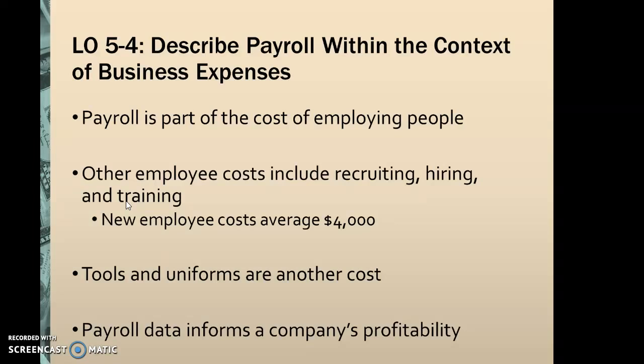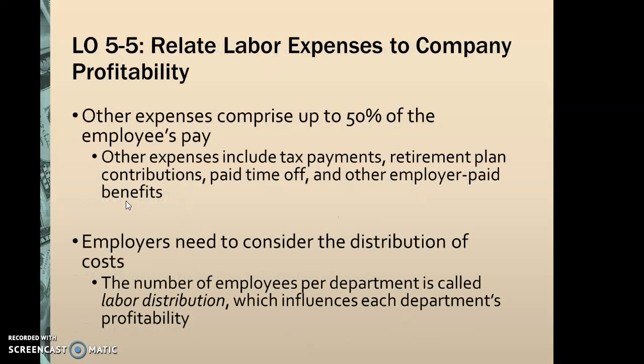As you know, some employees have to have some training, and the average new employee cost is $4,000. Some other costs, depending on the type of business, could be tools and uniforms. And this is covered on page 170 in your book.